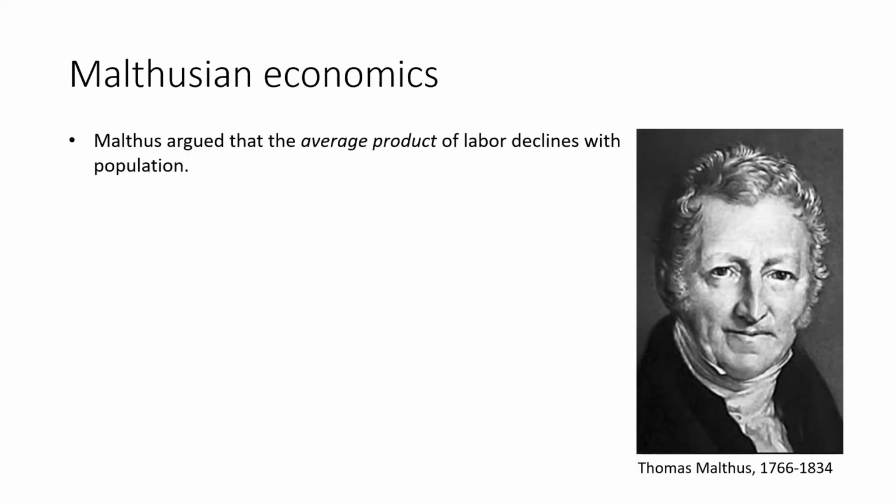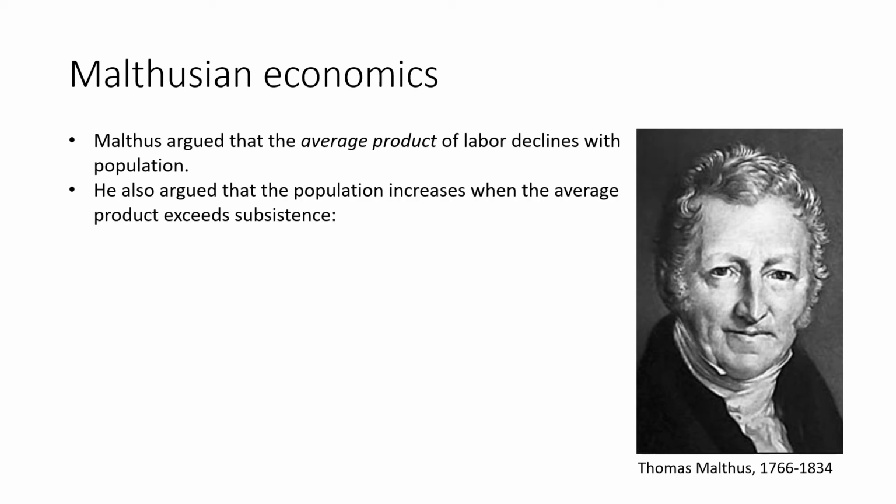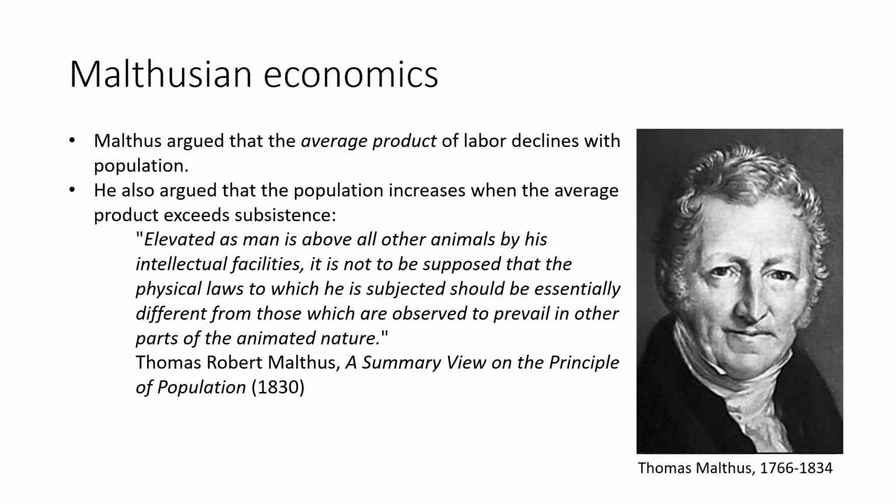Thomas Malthus saw an inverse relationship between the average product and population. So as we saw an increase in the population, we would see a decline in the average product. He also argued that the population increases when the average product exceeds subsistence.